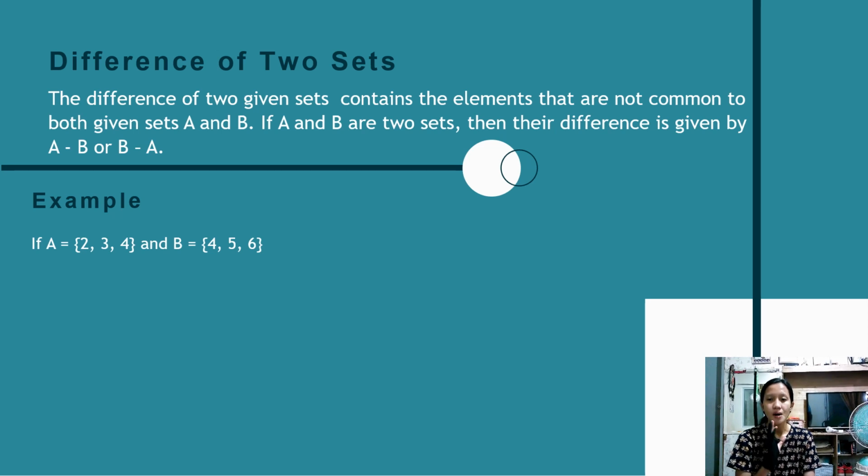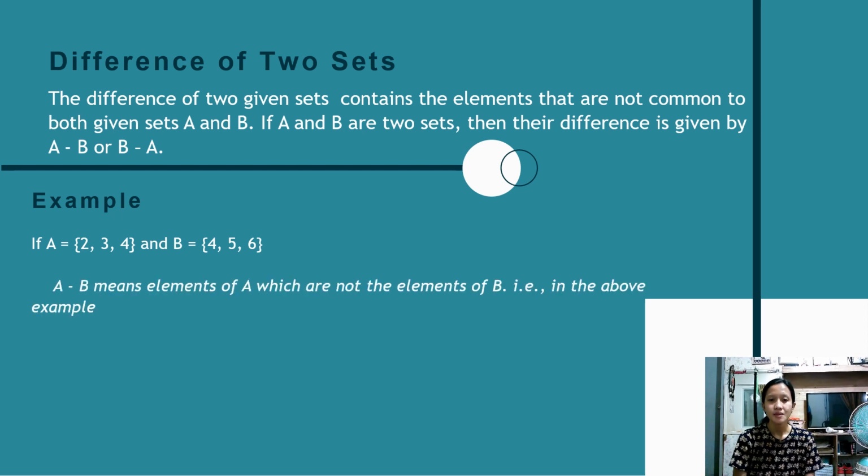So this time class, when it comes to the difference of two sets, the order does matter. So it is not commutative. When we say A minus B, that means elements of A which are not elements of B.